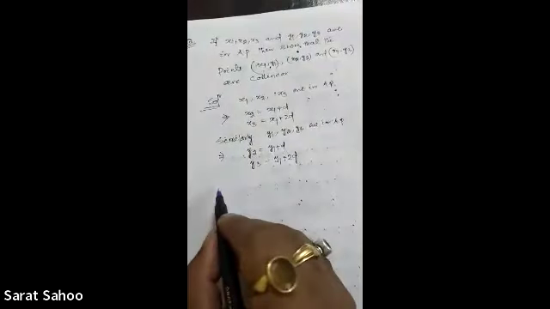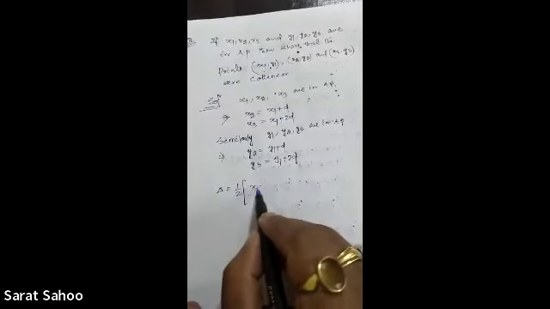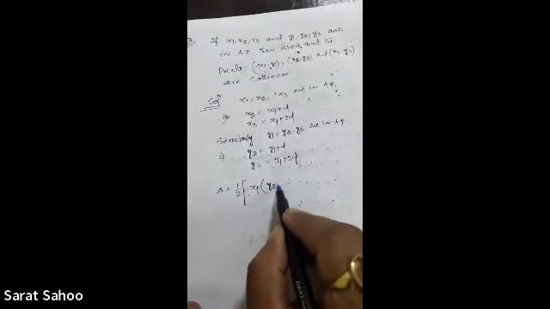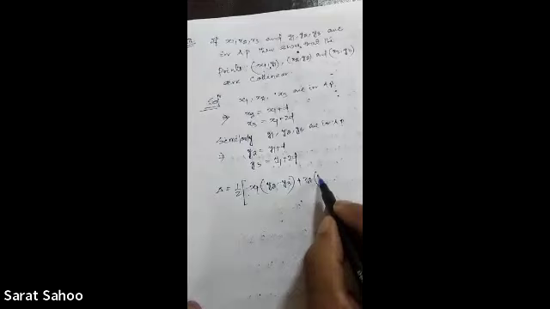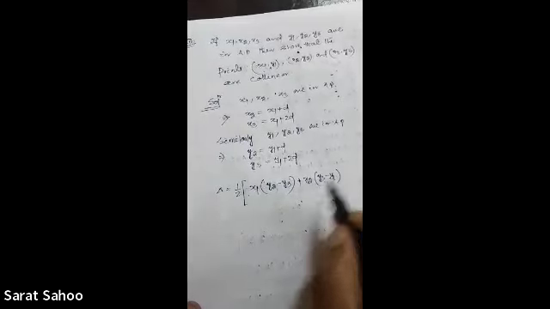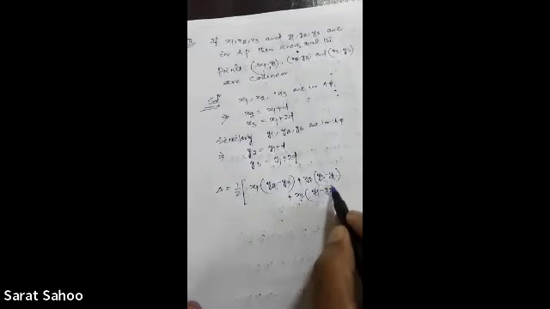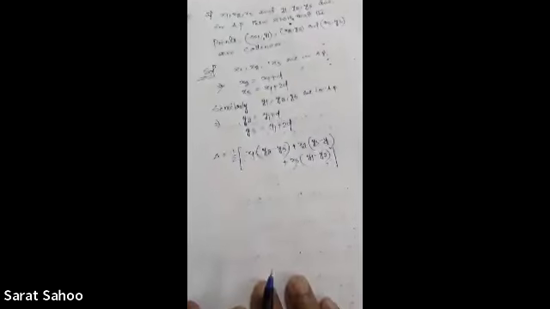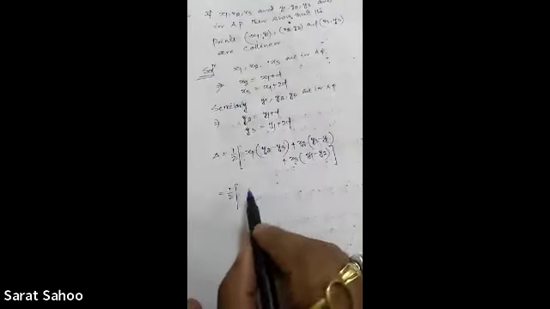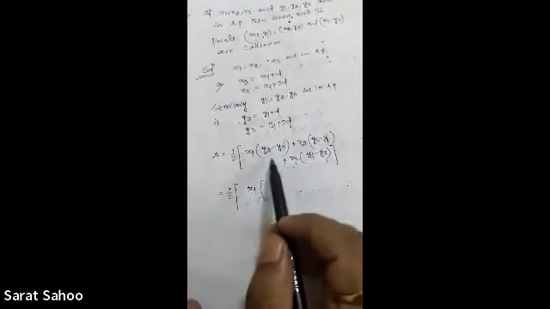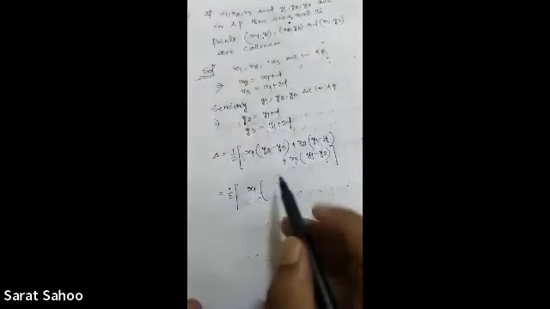So the area of the triangle, delta, is equal to half of x1 into (y2 minus y3) plus x2 into (y3 minus y1) plus x3 into (y1 minus y2). Here y2 is y1 plus d, y3 is y1 plus 2d.